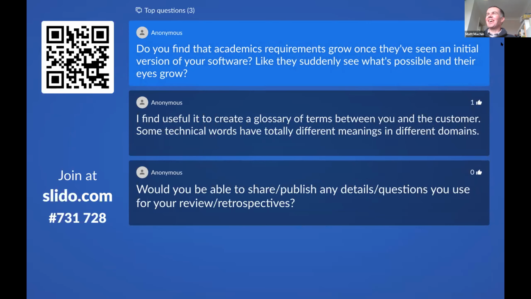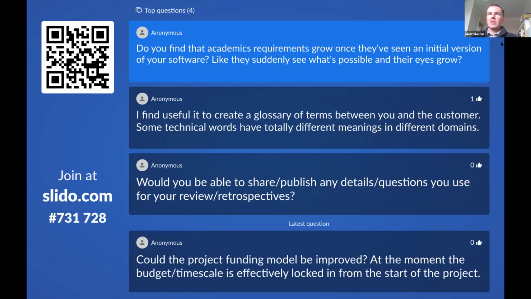Another great question. And I would say this can work both ways. I've seen academics come with a massive list of requirements up front before we've ever even started. And I have also seen what's suggested here, new ideas coming once they see something.